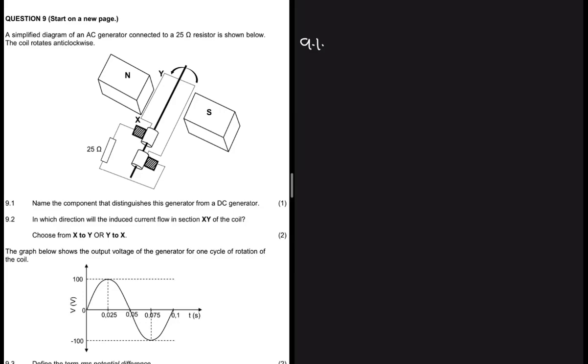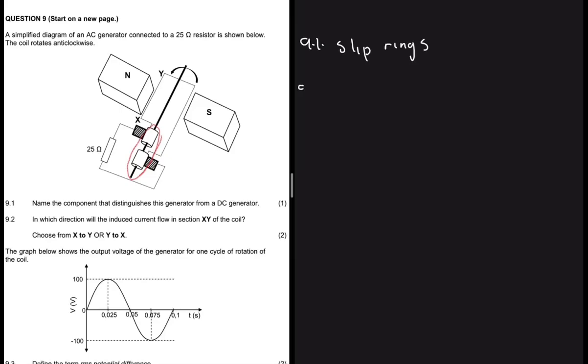We're saying that it's an AC generator because it has slip rings. If it was a DC generator, it was going to have split rings and not slip rings.